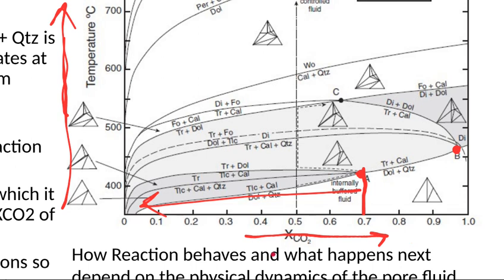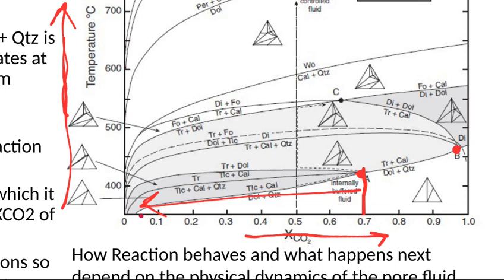So I have told you that what minerals will be formed depends on XCO2. XCO2 of that mineral, that is, how much concentration of carbon dioxide is there in the system.